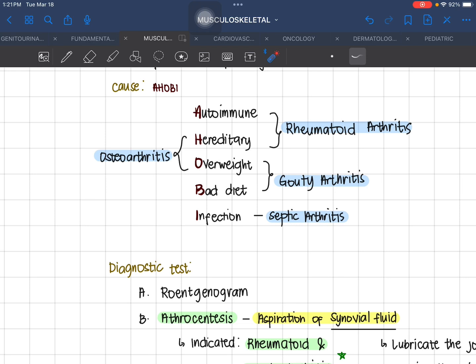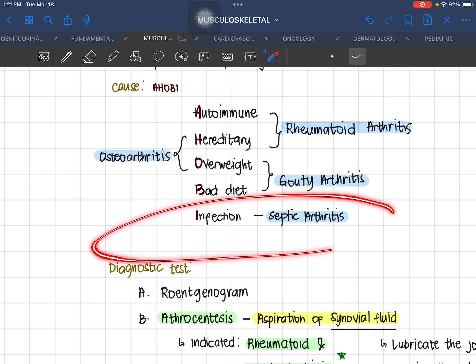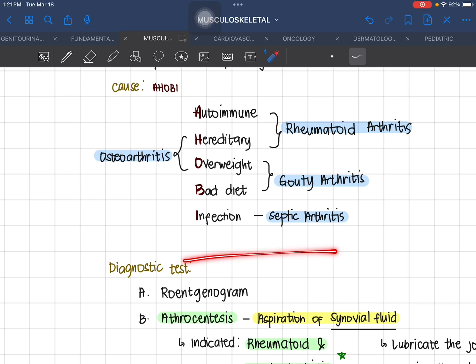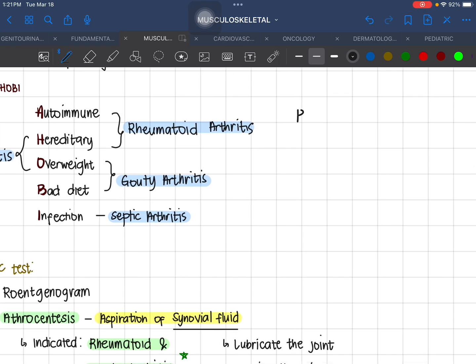So, para makuha natin siya, okay, ROGS, AHOB and ROGS. So, tagdadalawa yan, and sa last, of course, yun yung infection. Solo lang ng septic arthritis yan. So, AHOB and ROGS. Isulat natin ang ROGS. Ayan, ROGS.